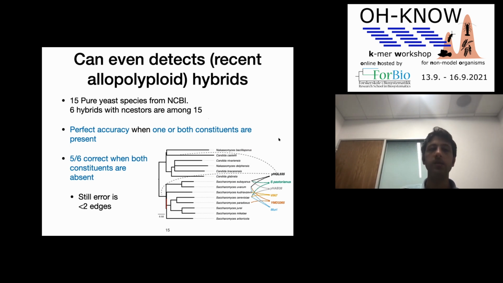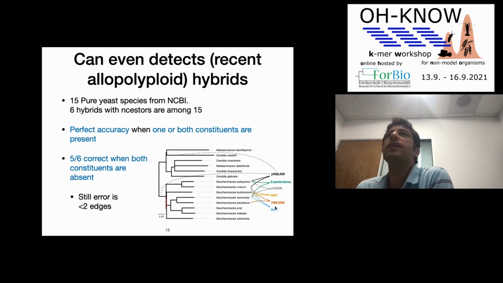once you get to the genome skims. And so we also tested for those yeast data sets that we have been looking at, there are a bunch of known mixtures. These are all known. And for each of them, we know what species they are hybrids of.